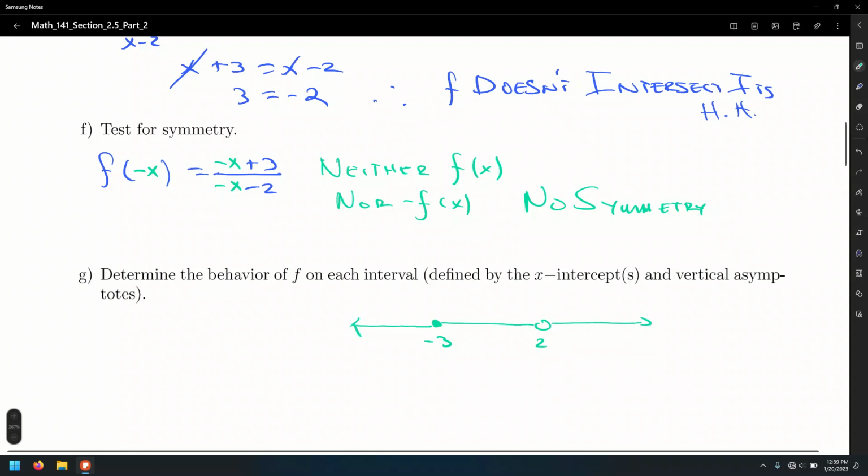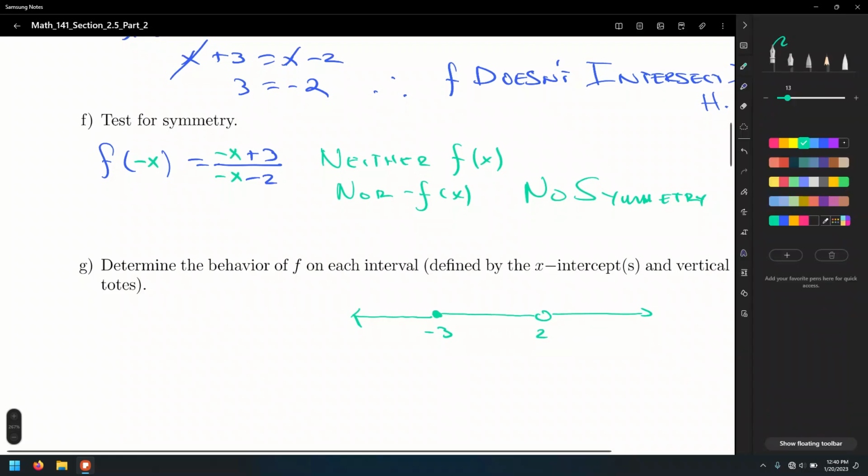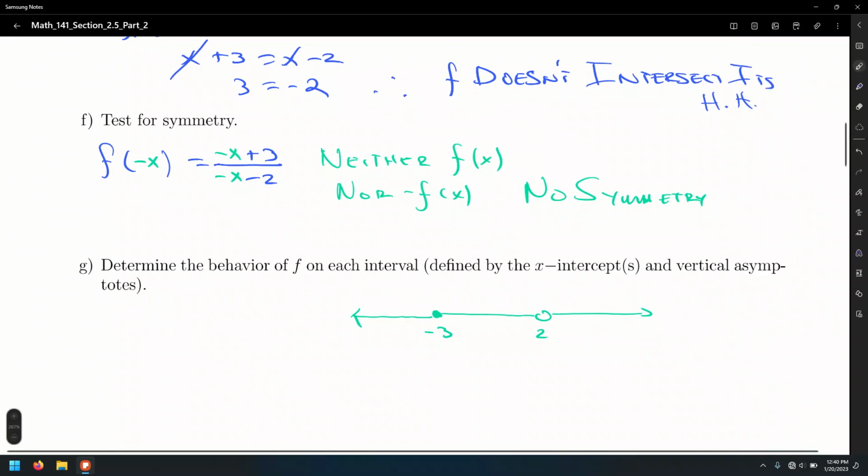In this case, we are going to choose test values to determine the y values, which will help us determine whether the graph will approach the horizontal asymptote from below or from above. Try to get the easiest numbers.